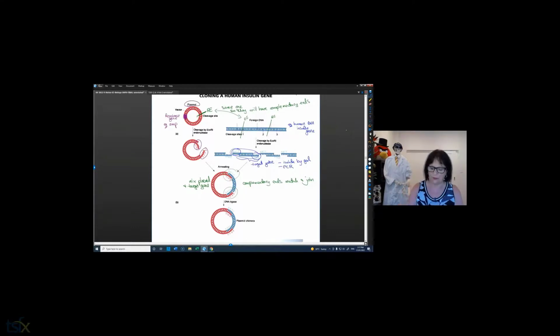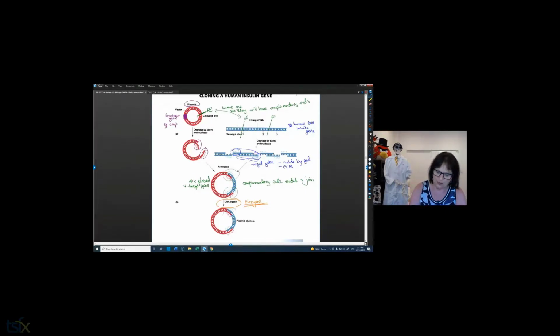This is where we use an enzyme, which is the third of our enzymes that we had in our list at the start. It's called DNA ligase. Ligase means to ligature. The word ligature means to join. And so what this enzyme does, it joins DNA. And so it's going to join the target insulin gene DNA to the plasmid DNA.